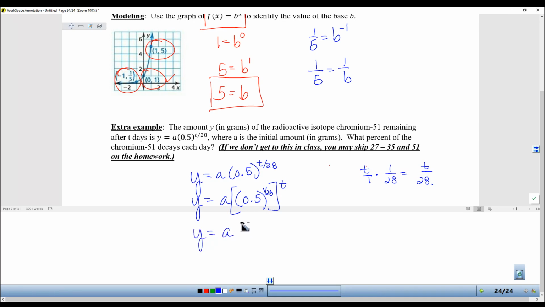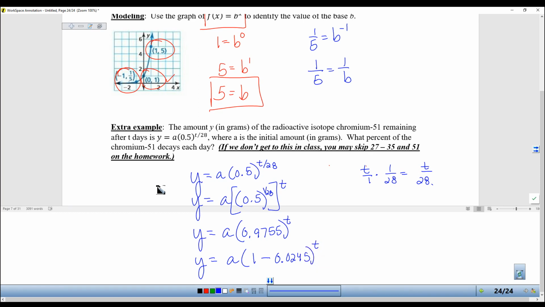Now I can write this as 0.5 to the 1 over 28, which I can do on my calculator. So I get 0.9755 to the t. But in order for you to actually figure out the percent decay, this is the percent that's left. So remember that the formula is always 1 minus. So it's 1 minus 0.0245 to the t.